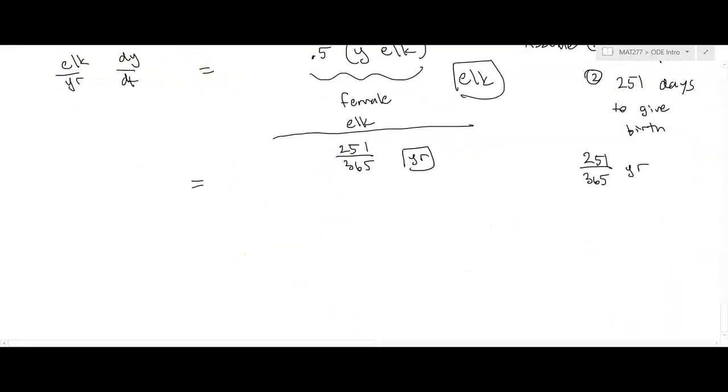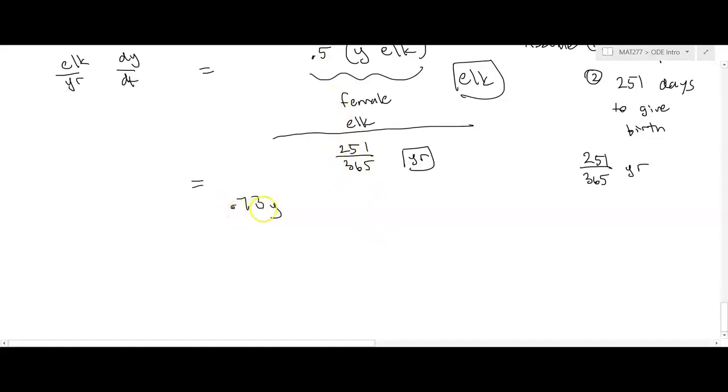So this component is going to tell me that I get 0.34y. Now you can see that that's less than 50%, because 50% of the population is female, but my mistake, this is not 0.34, this is actually 0.73, because I multiplied 0.5 by 251 over 365.